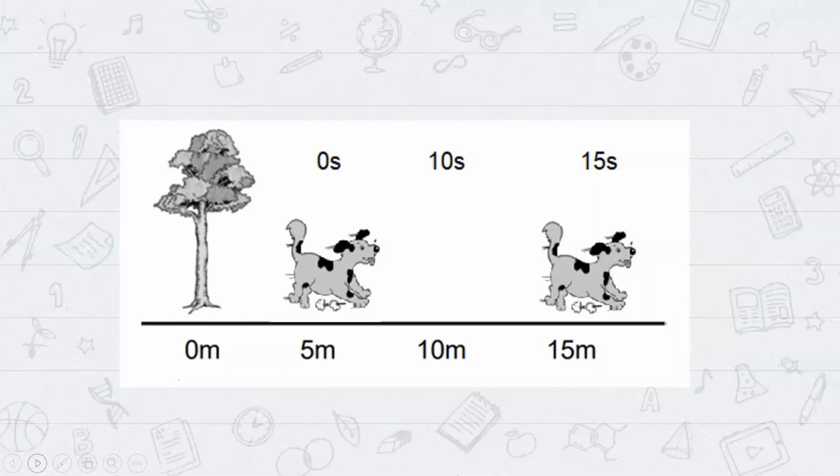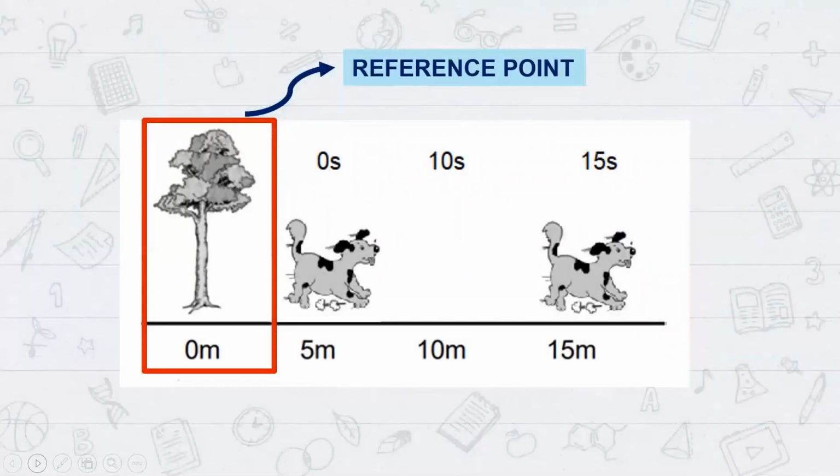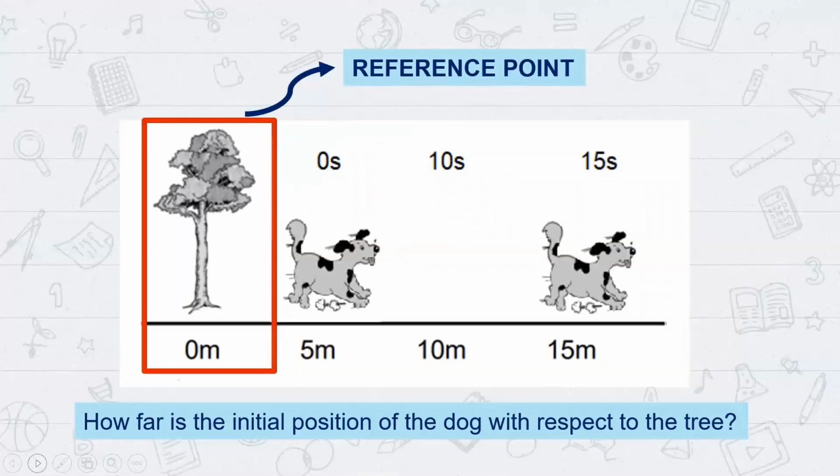Now consider this example. There is a tree and there is a moving dog. We can also spot some measurements such as length and time. If the reference point is the tree, how far is the initial position of the dog with respect to the tree? Perfect.